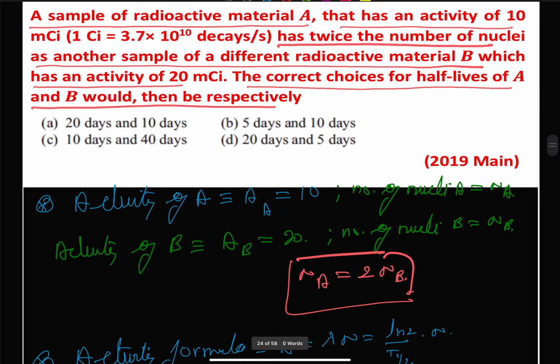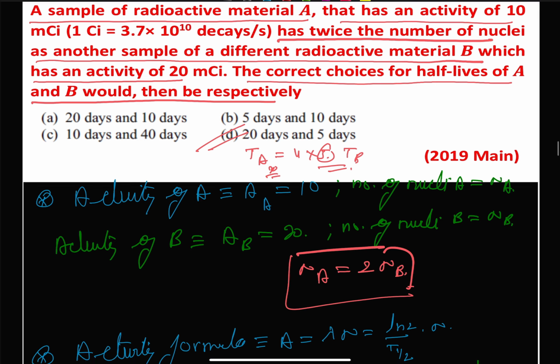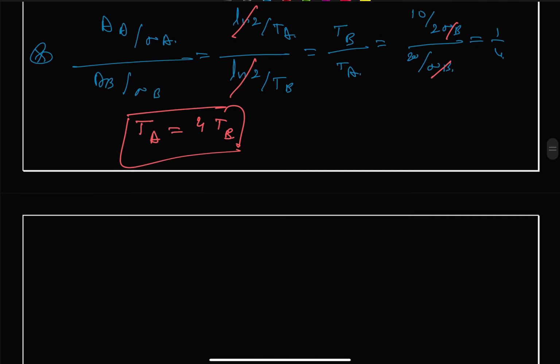Yeah, so option number D is correct. So this is our T_A, which is 4 times 5, which is our T_B, giving us 20. So option D is correct.